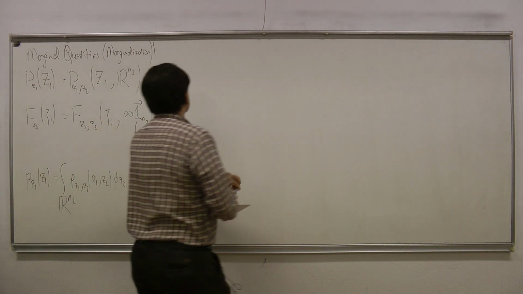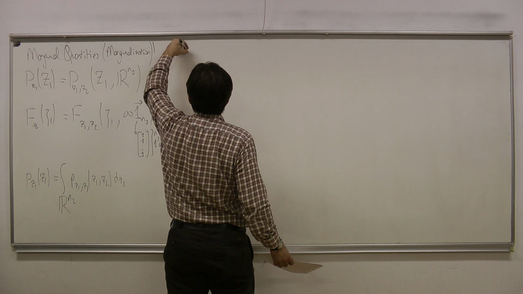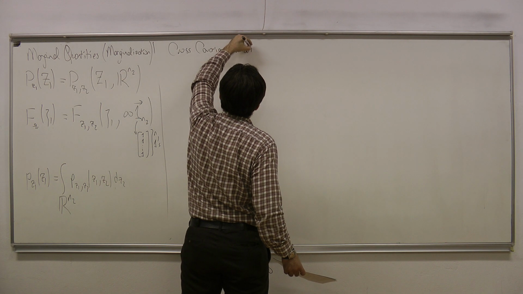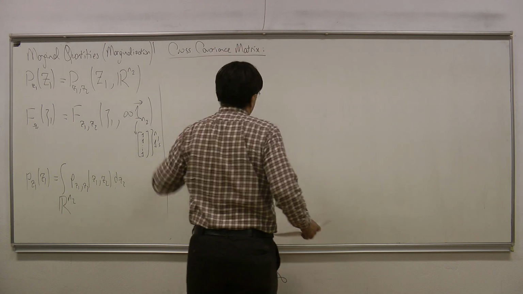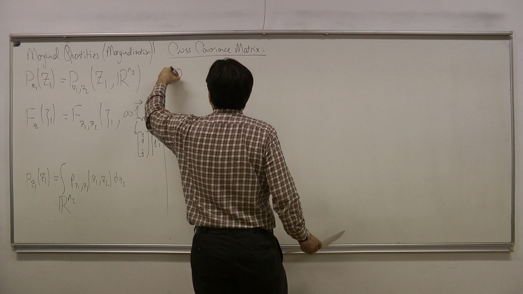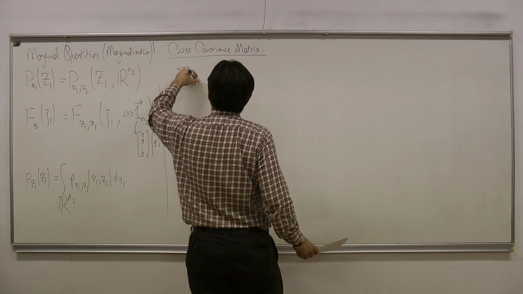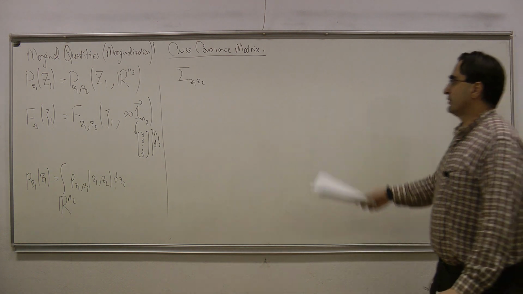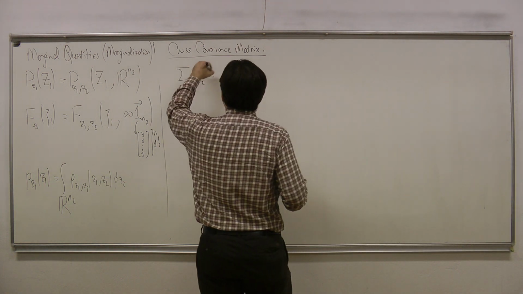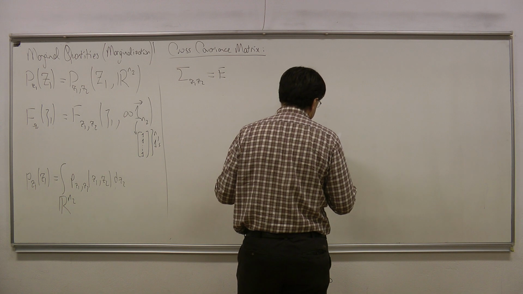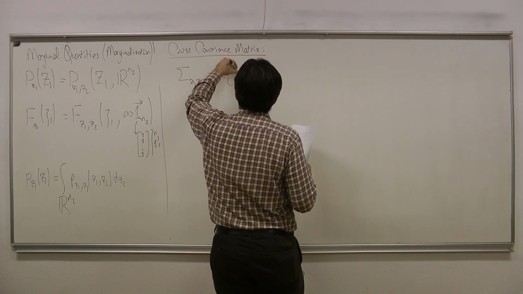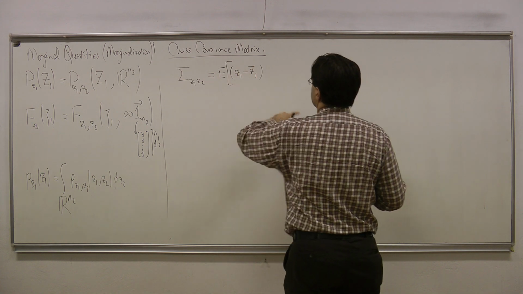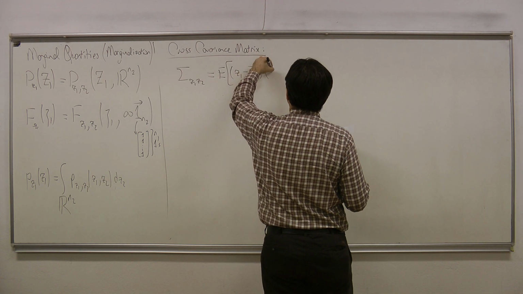So now let us look at the cross-covariance matrix. In this case, I will call the joint covariance matrix of the random vectors Z1 and Z2 sigma Z1, Z2. This is defined as the expected value of (Z1 minus Z1 bar)(Z2 minus Z2 bar) transpose.